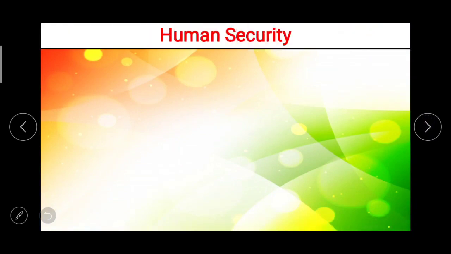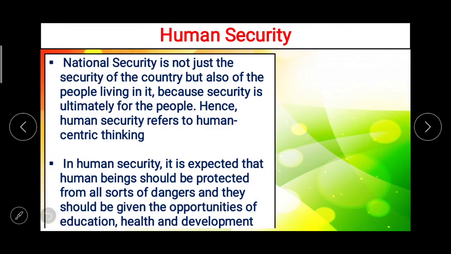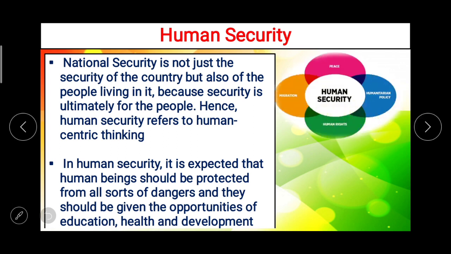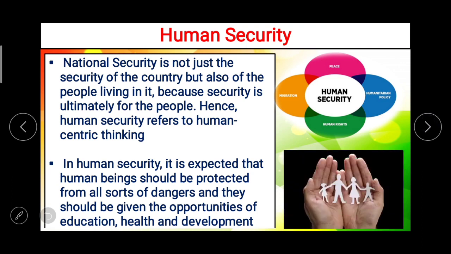Now next, human security. In the post Cold War, the concept of national security changed and became broader. National security is not just the security of the country but also of the people living in it.